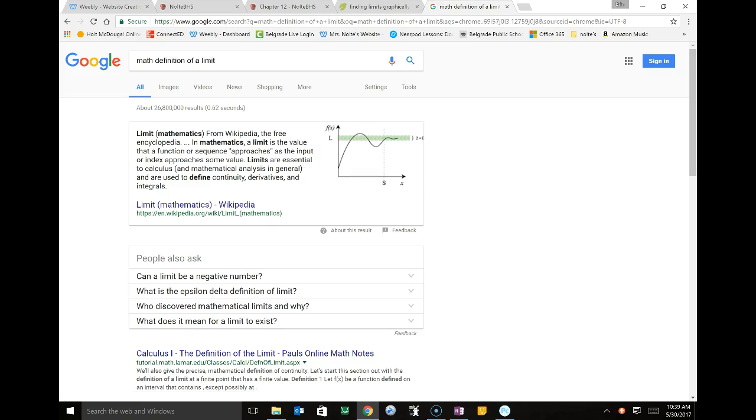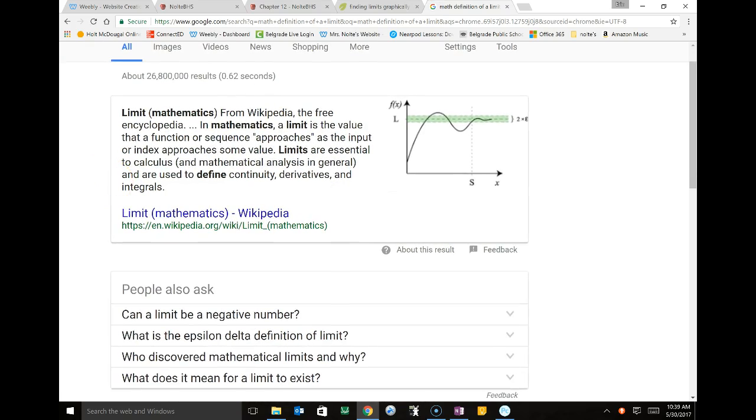It says, in mathematics, a limit is the value that a function or sequence approaches as the input or index approaches some value.